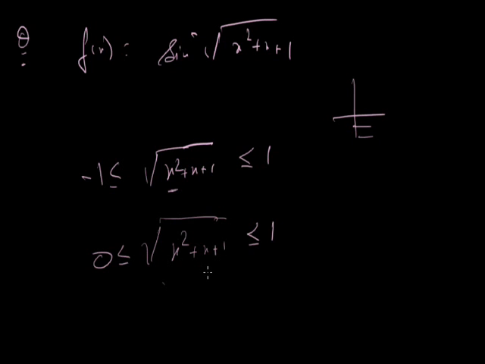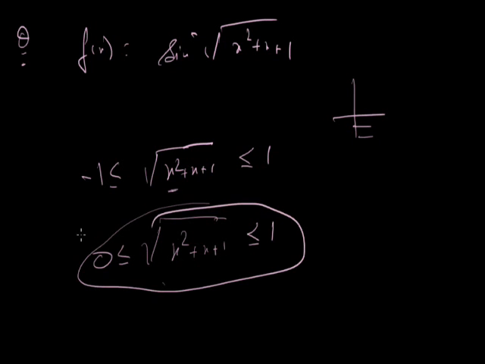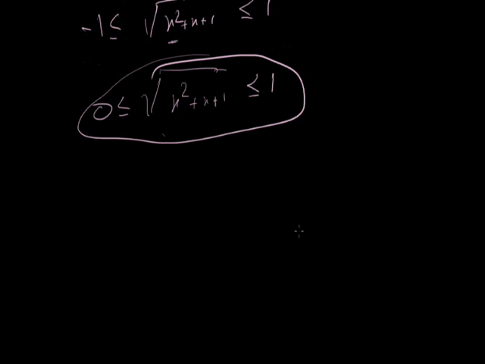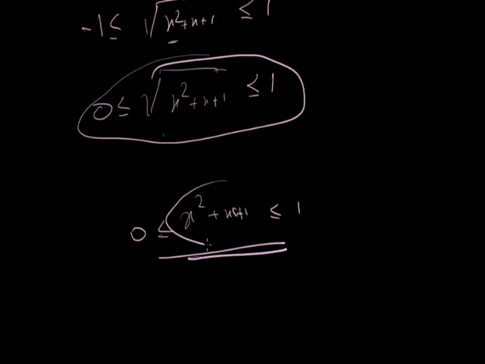Now x square plus x plus 1 is from 0 to 1, that means it's a positive thing. Now I can remove this under root sign here. I can say now x square plus x plus 1 is less than or equal to 1 and greater than or equal to 0, right? And x square plus x plus 1 is the quadratic function whose a is greater than 0 and d is less than 0.